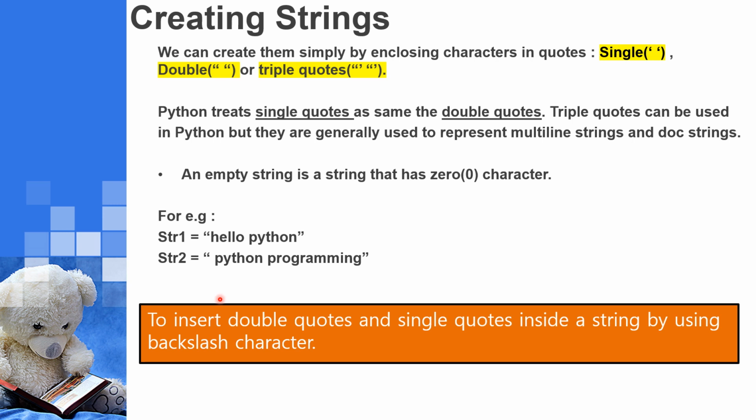A string that does not hold any value is an empty string. To insert double quotes and single quotes inside a string, you use the backslash character.